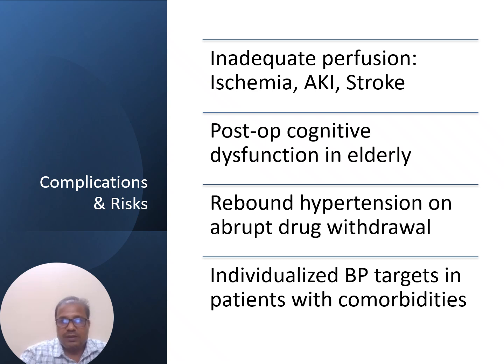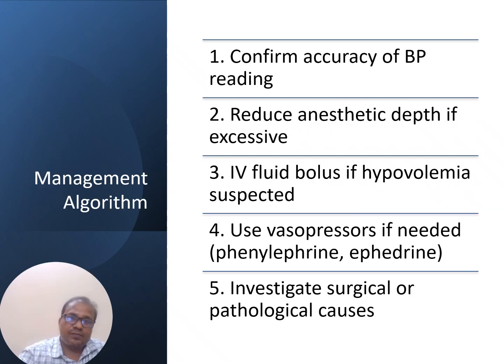And if we suddenly turn off the beta blockers and vasodilator drugs, there is a chance of rebound hypertension. And also, if any complication occurs, we must consider and manage it very quickly.